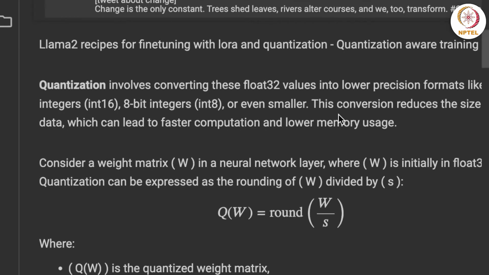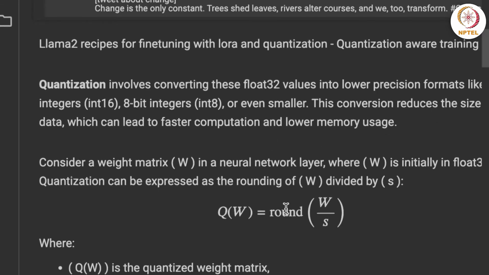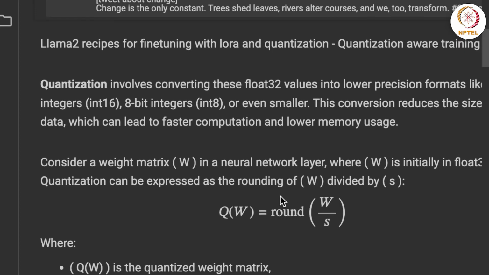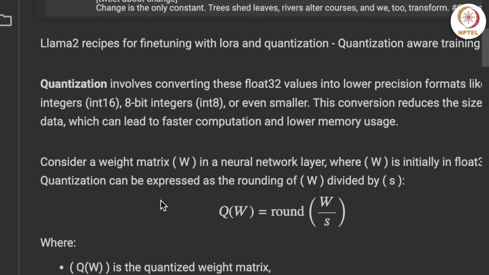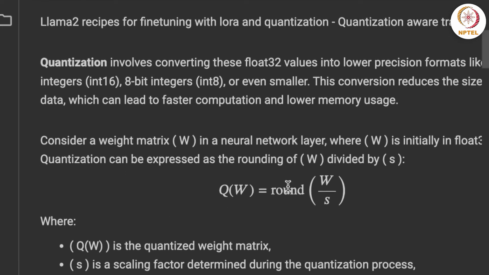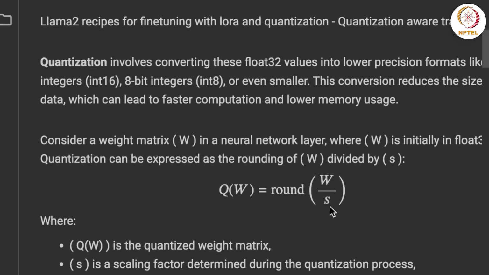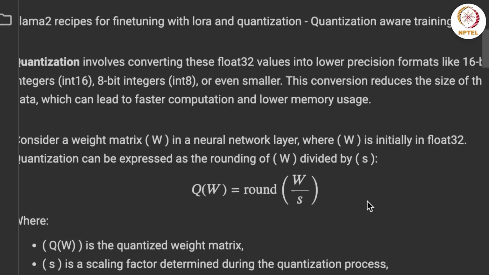When we convert, obviously the size also reduces. This conversion reduces the size of the parameters, which could lead to faster computation and lower memory usage. So this is how the quantization happens, where it rounds off the float 32 to the nearest precision that we are interested in.